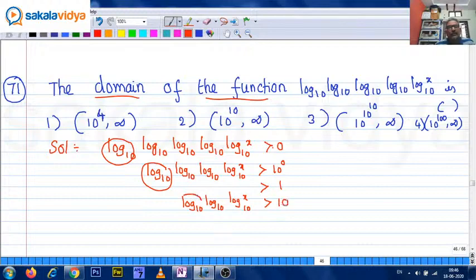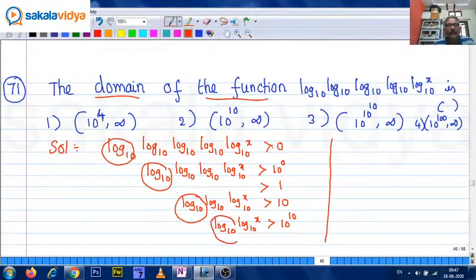So we get log 10 log 10 log x to the base 10 greater than 10 to the power of 1, which is 10. Now this logarithm we need to delete: log 10 log x to the base 10 greater than 10 to the power of 10. Next, log x to the base 10 is greater than 10 to the power of 10 to the power of 10.